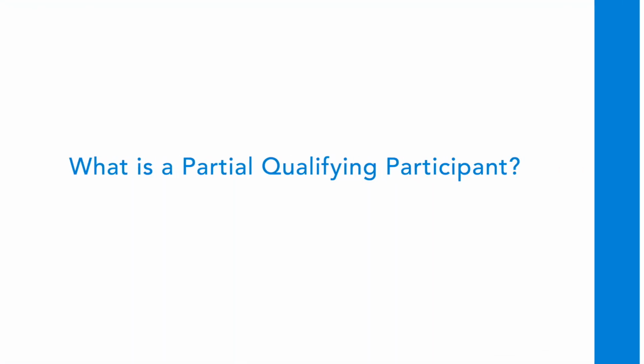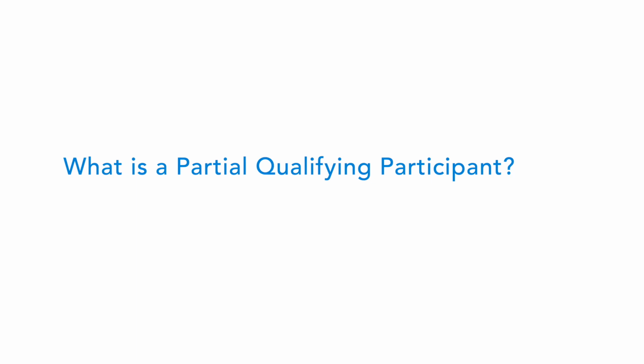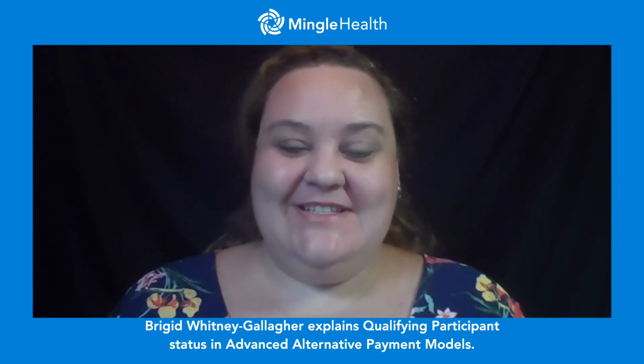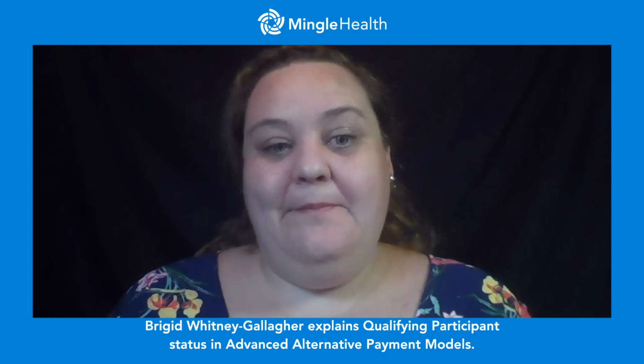Great. And now I've also heard the term partial QP. What is that? Yeah. So a partial QP is essentially a QP that doesn't quite hit all the benchmarks and the numbers that a full QP is expected to hit. So the partial QP has a lower threshold to hit when it comes to percentage of Medicare patients attributed, and a lower threshold for payments attributed as well.